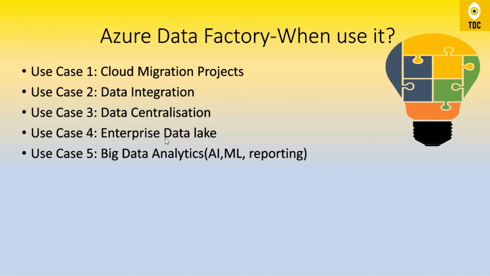And now the next use case, use case 5, that is big data analytics, right? When I say big data, Azure especially provides a data lake platform similar to Amazon S3. In Amazon you have S3 buckets, which are basically data lake providers, a cheaper solution to store your data, right?